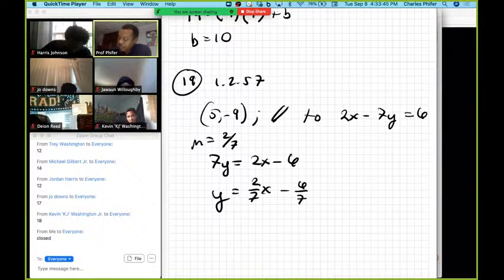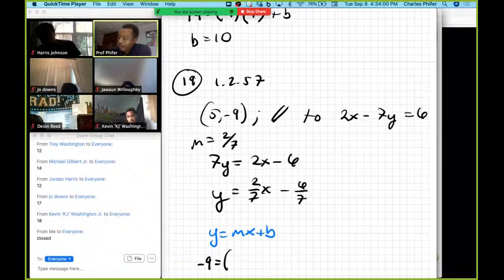Again, I'm a fan of y equals mx plus b. Our y is negative 9. Our slope is 2 by 7. Our x is 5. Only thing we don't know is b.